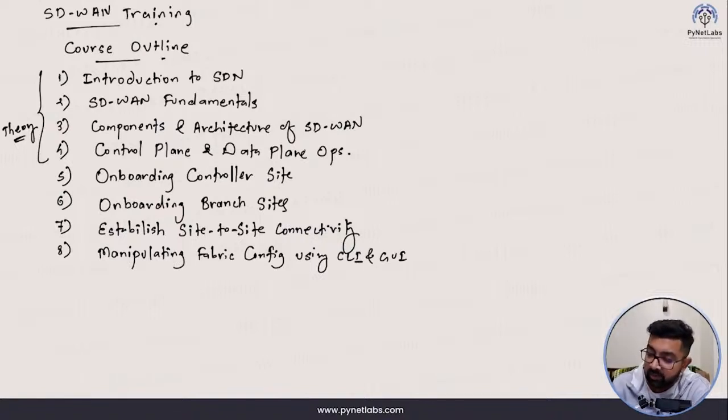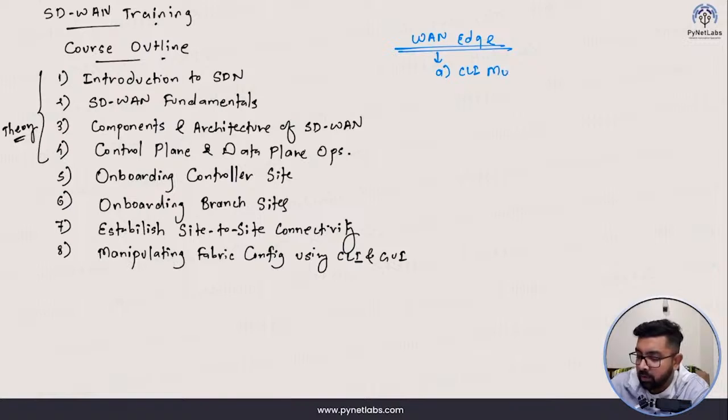Since if you are already aware about, when you have your WAN edge, the WAN edge can either be in CLI mode or it can be in GUI mode. So if the vEdge is in CLI mode, then the management plane will be local to the vEdge. But if the vEdge is in GUI mode, then the management plane is going to be central.